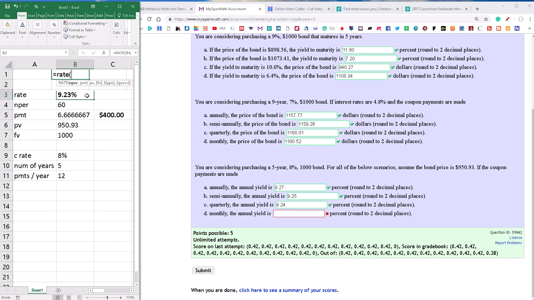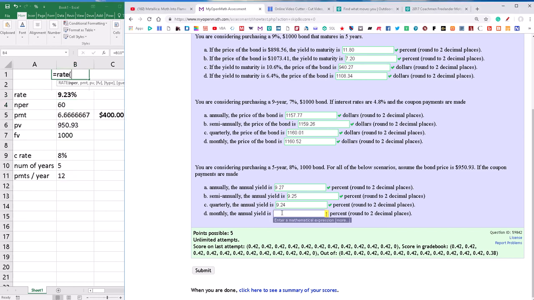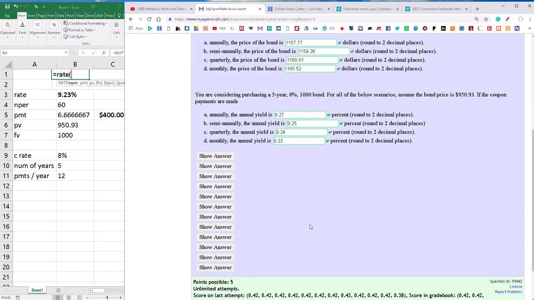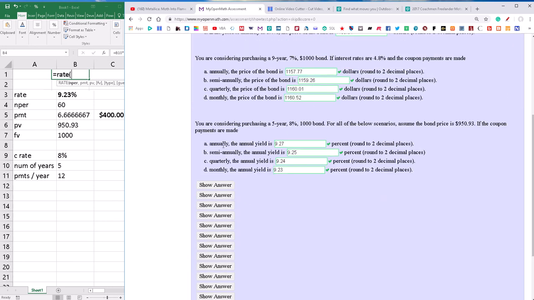The monthly interest rate is 0.77%. The annual interest rate is 9.23%. So the insight here is that as the number of payments per year goes up, the yield to maturity goes down and the prices rise.